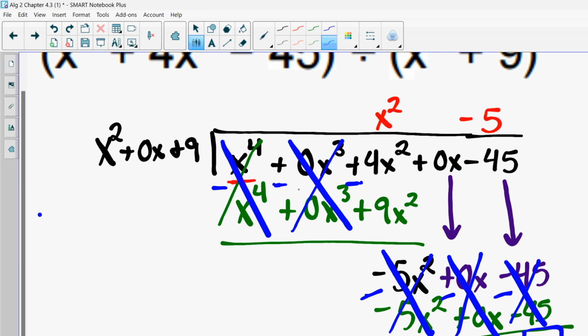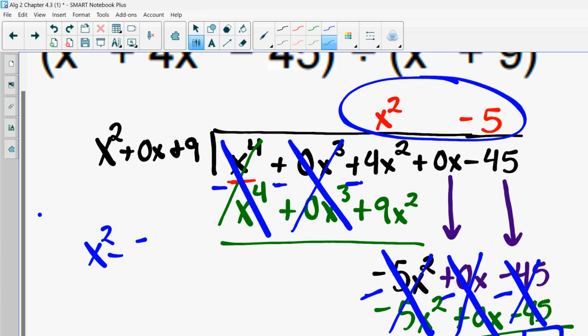So our answer is x squared minus 5. And that's it. If we want to rewrite it so that it's a little bit closer together, we can. Say x squared minus 5. That works also. Questions on this here?